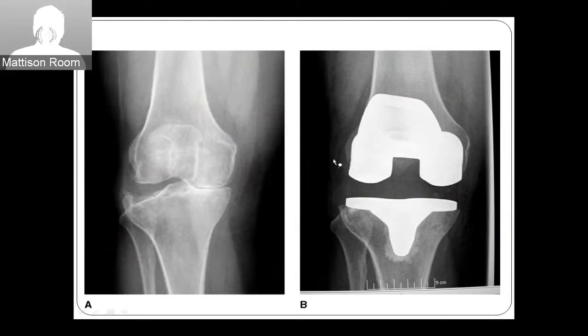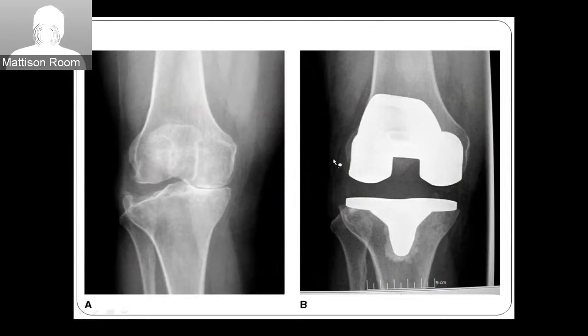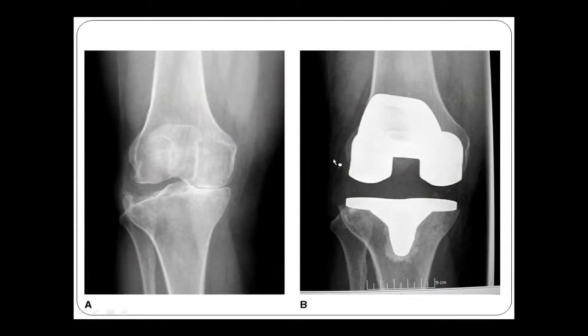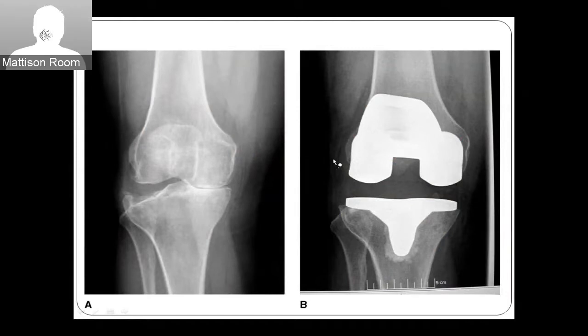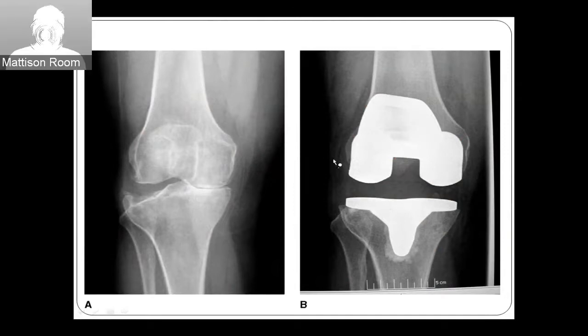If you have just one isolated compartment and you think there's no pain coming from any other source, you could be a candidate for a partial knee replacement, or a uni, meaning unicompartmental knee replacement. I'll tell you that the results of those are all over the place.